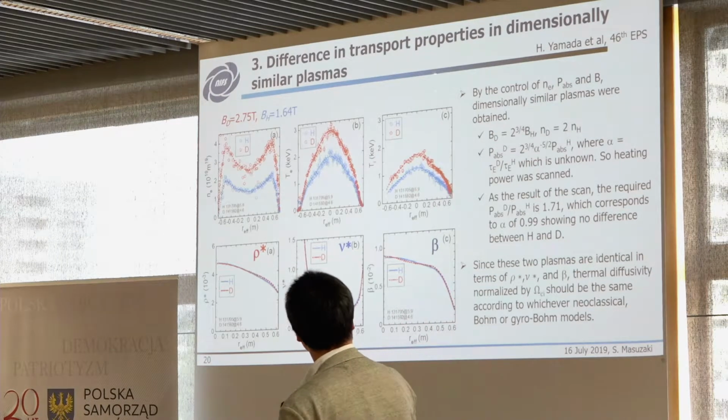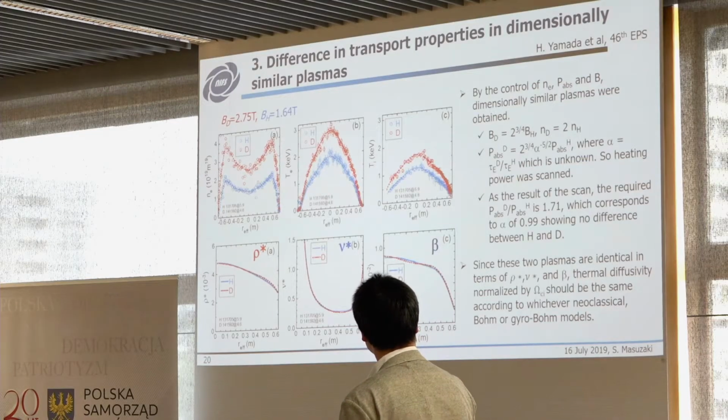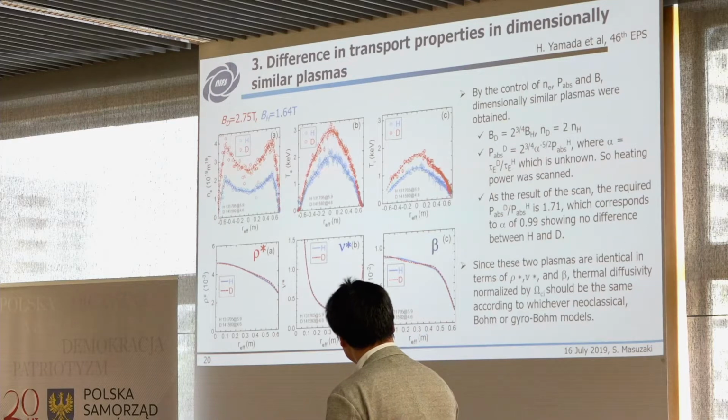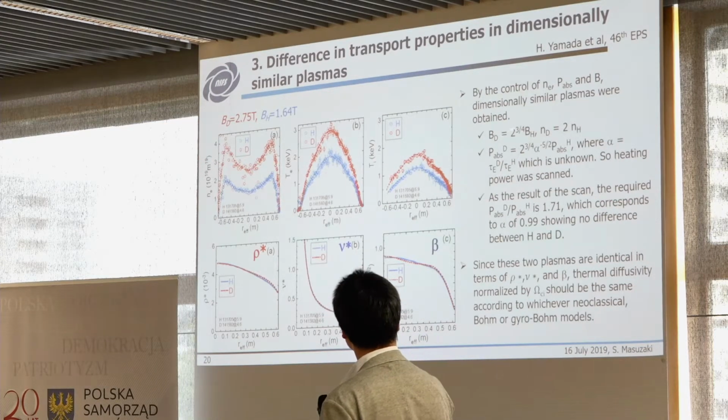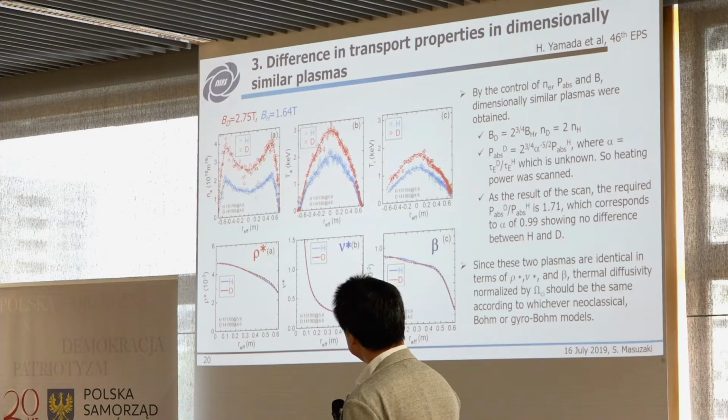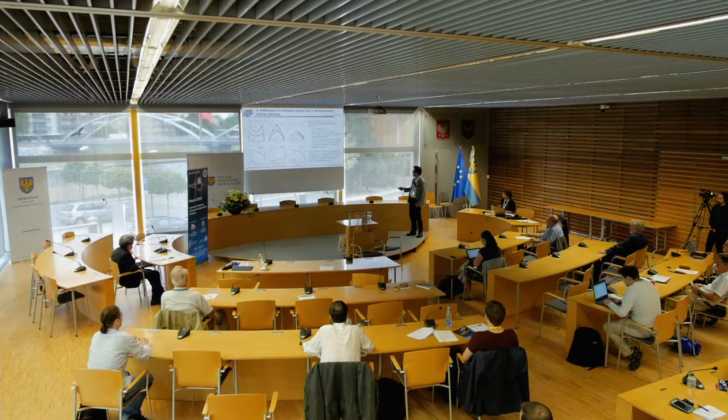By the control of density, absorption power, and magnetic field strength, we can generate dimensionally similar plasmas. Dimensionally similar plasmas mean the same normalized ion Larmor radius, collision frequency, and beta.